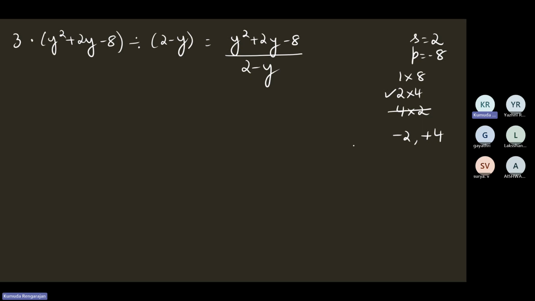So the two numbers are minus 2 and plus 4. Because if you use 1 and 8, you'll get sum 9, or 8 minus 1, 7. So we go with 2 and 4, minus 2 plus 4, sum plus 2 and product minus 8.